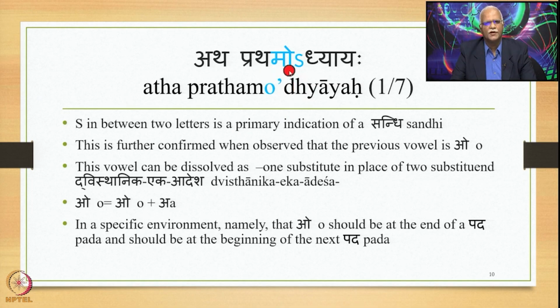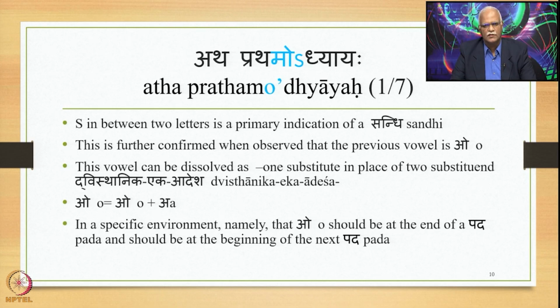The letters Mo and S are put in a different color, blue, to indicate that they could be possible candidates of sandhi or a substitute. So what is the mark? How do we identify that there is a sandhi over here?